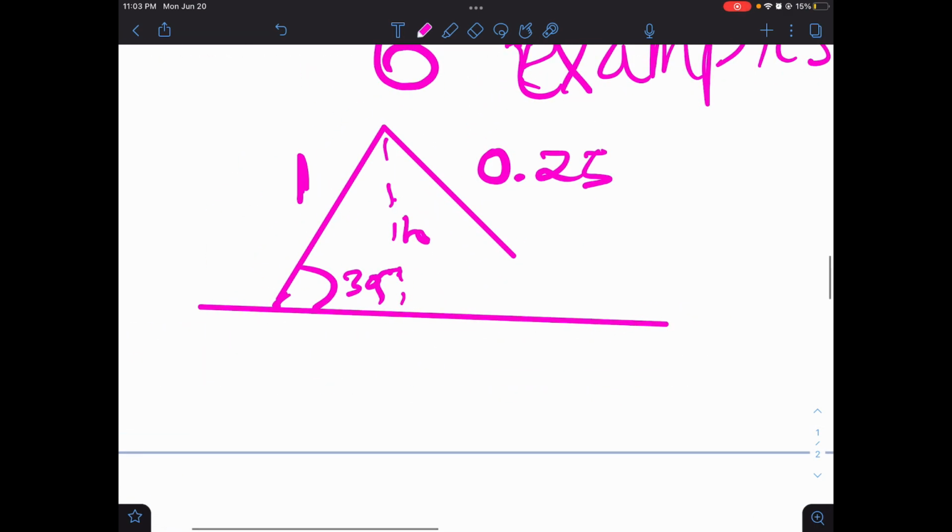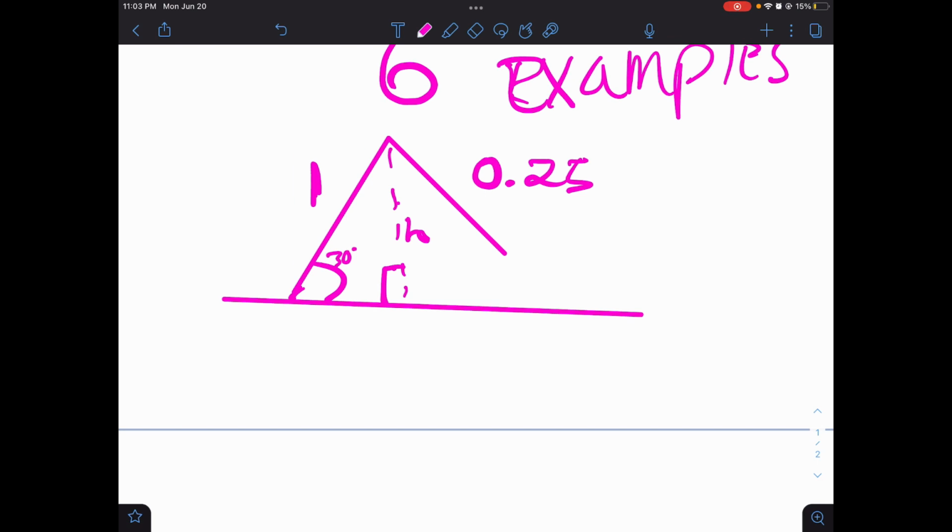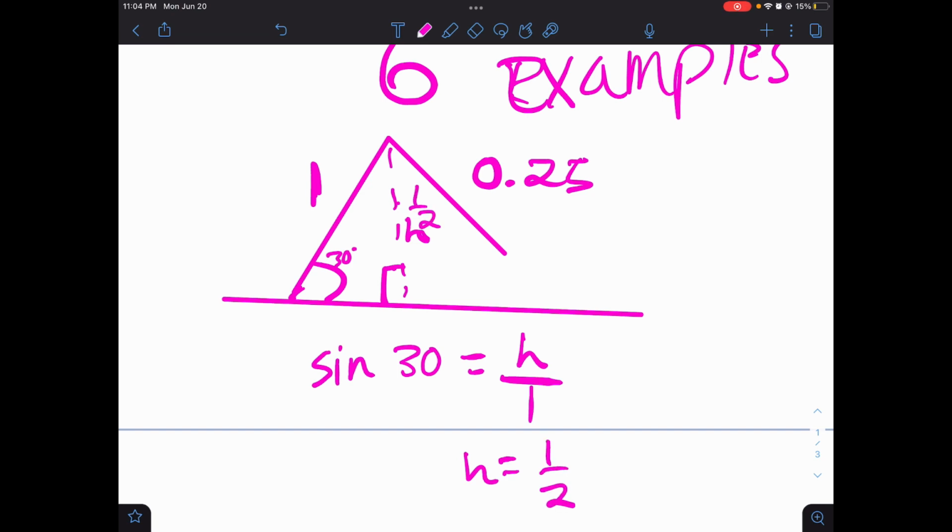So this was 30 degrees and this is 90 degrees. So if we have sine of 30 is equal to h over 1, right? Because opposite over hypotenuse. So basically, sine of 30 is 1/2, so h is equal to 1/2.